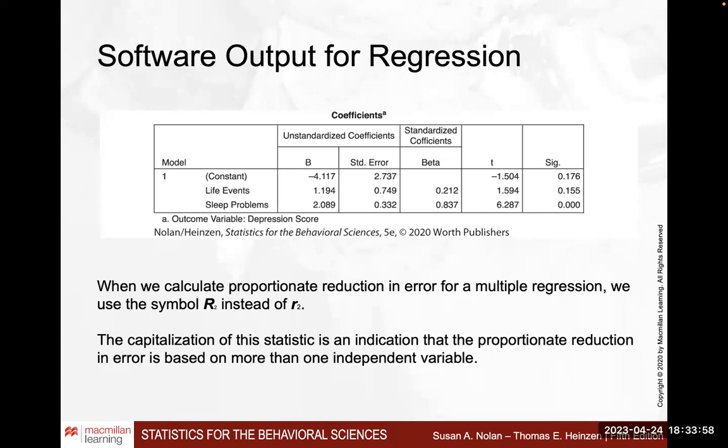It's nothing else but the intercept. You have your unstandardized coefficients, which are nothing else but the slopes. This is how you have to think of it, and how you include it in your prediction. With the unstandardized B, you have the intercept, slope number 1 for life events, and slope number 2 for sleep problems.